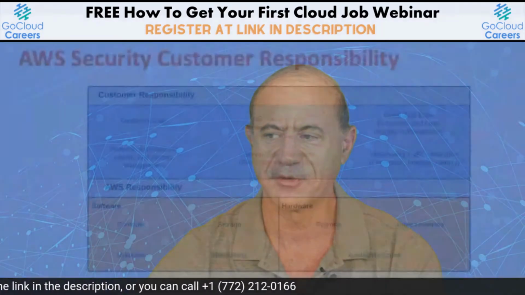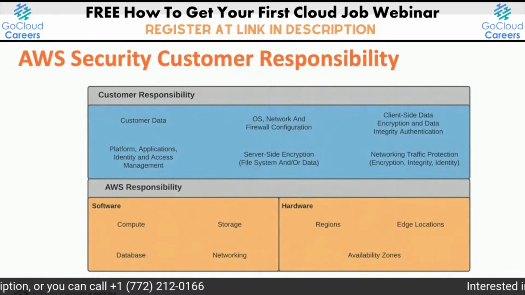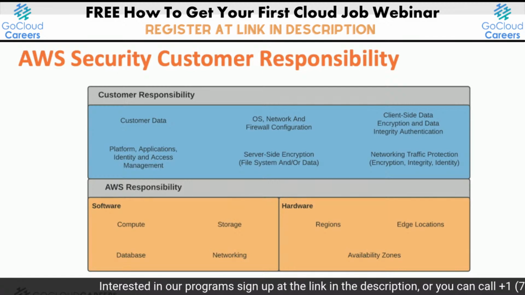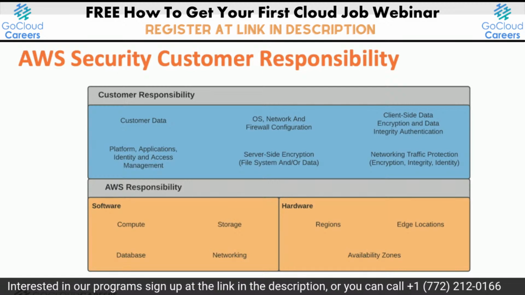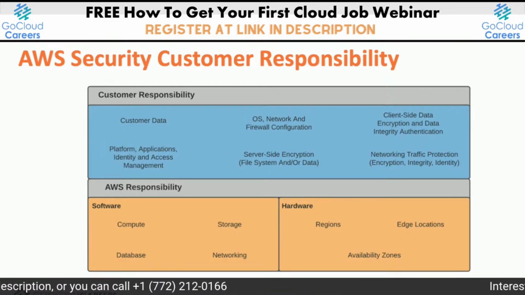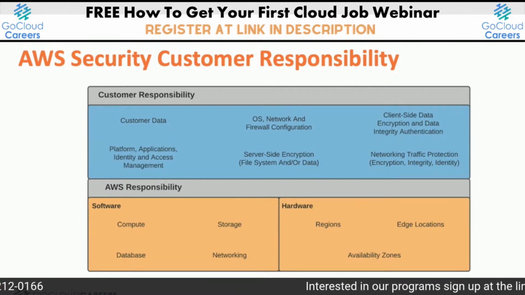So I drew it out for you to try to make it a little easier for you. You can see on the bottom, AWS manages the servers, the BIOSes and their servers, their hypervisors. They manage their storage area networks, whether they be block storage, object storage, file storage. They secure their databases. They secure their networking. They secure their regions, their edge locations, their data centers, otherwise known as availability zones.